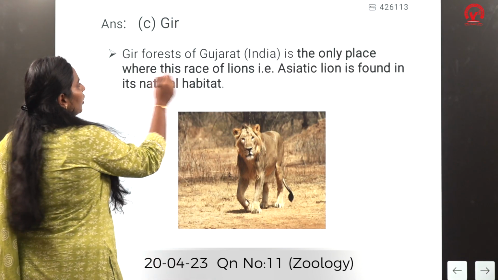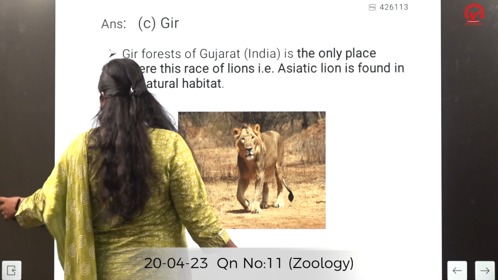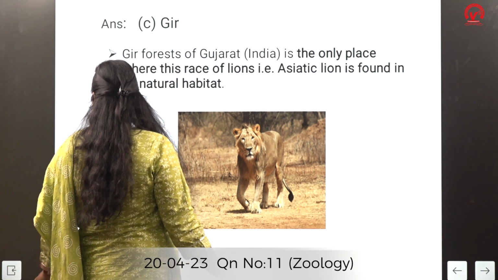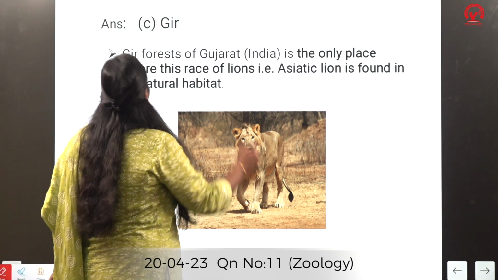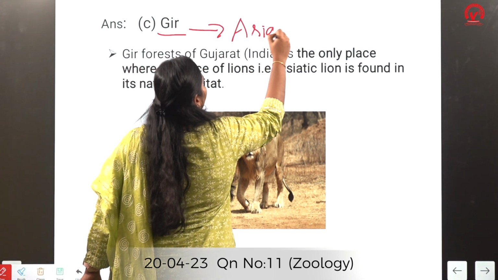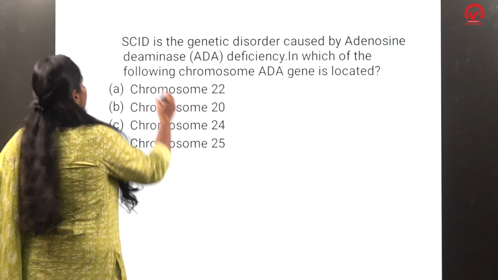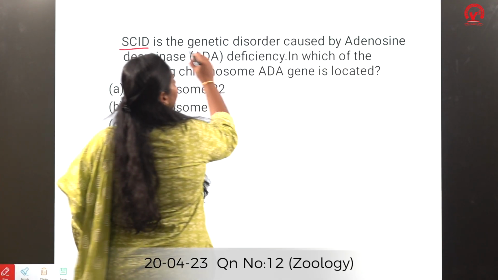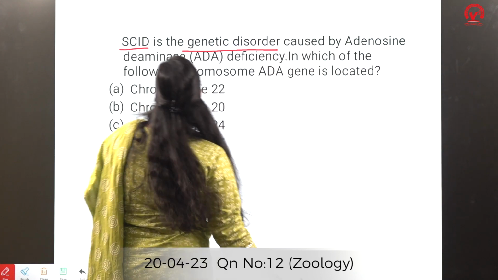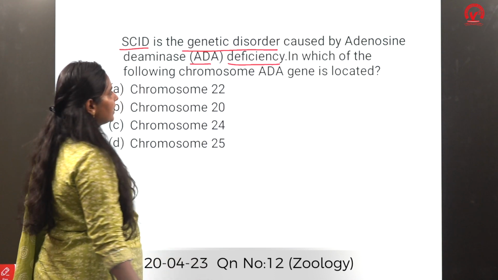Gir is the forest in Gujarat and is the only place where the Asiatic lion is present in India. SCID is a genetic disorder which is caused by ADA deficiency, that is adenosine deaminase deficiency.